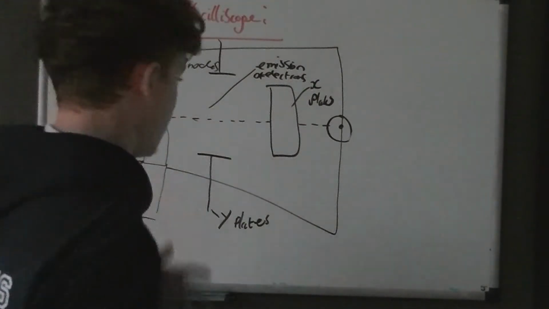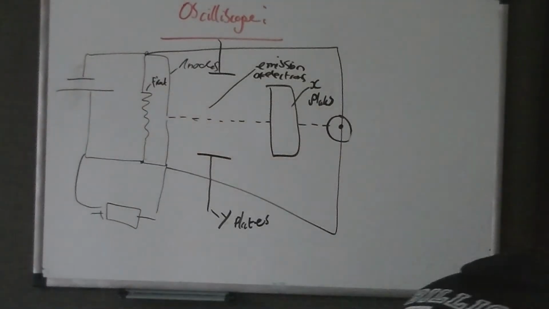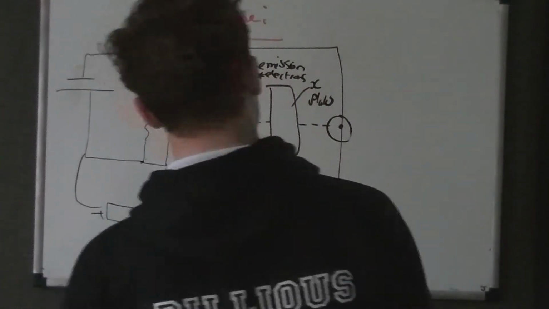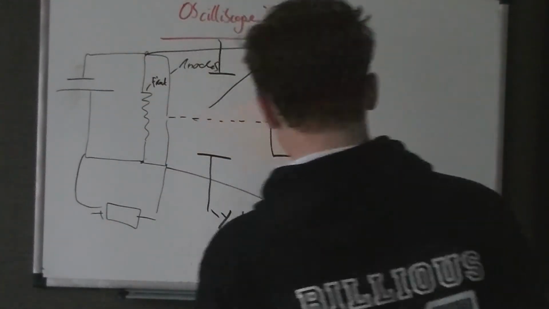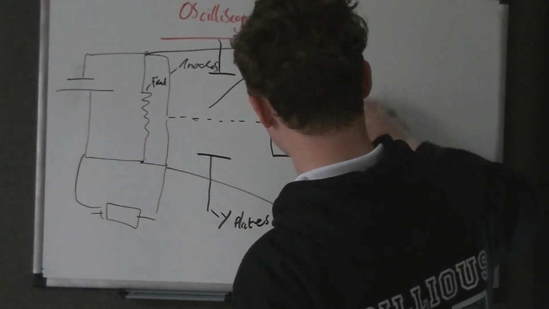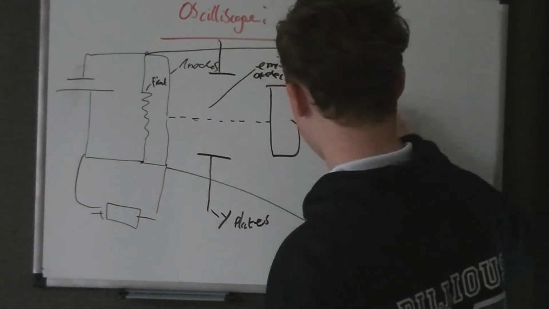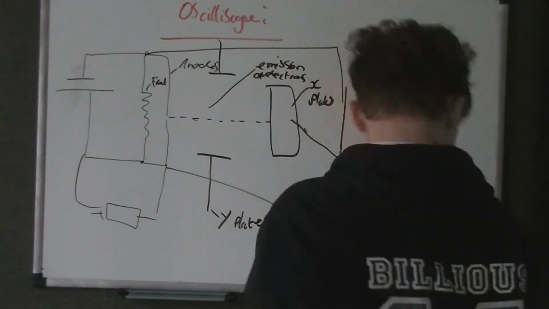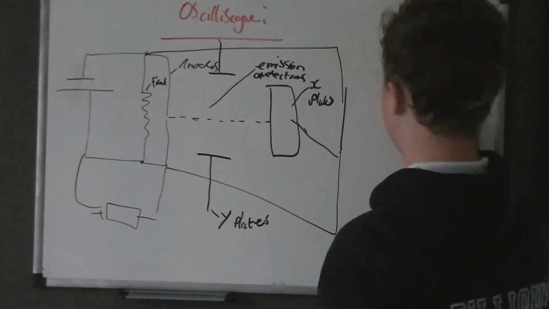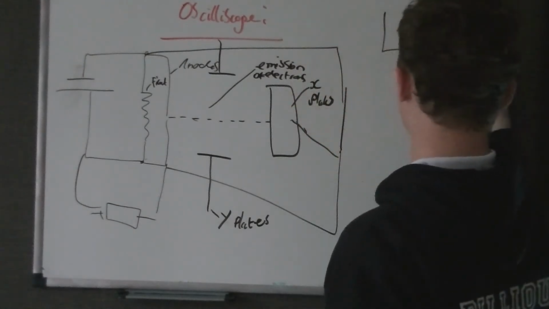It's basically a sort of circuit if you think of it like that. Just make sure I've drawn it right. So if we increase the potential difference of the X plates, it's going to go that way.